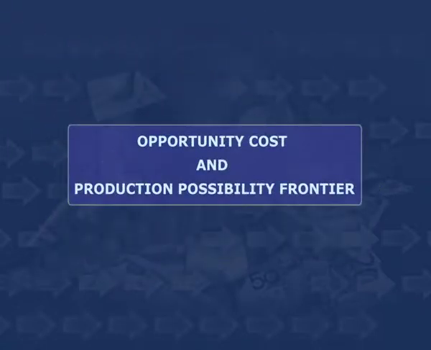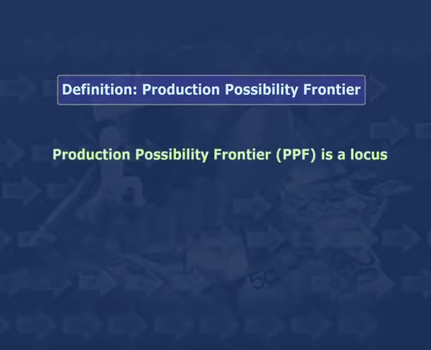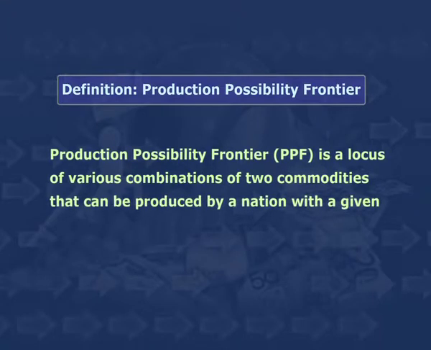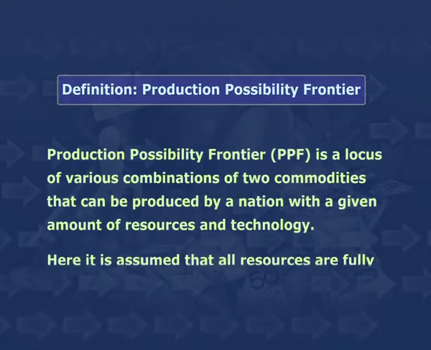Now, we will explain the concept of opportunity cost and the production possibility frontier. Opportunity cost can be explained with the help of the production possibility frontier. This curve is also known as the transformation curve. We will begin with its definition, which is: the production possibility frontier is a locus of various combinations of two commodities that can be produced by a nation with a given amount of resources and technology.